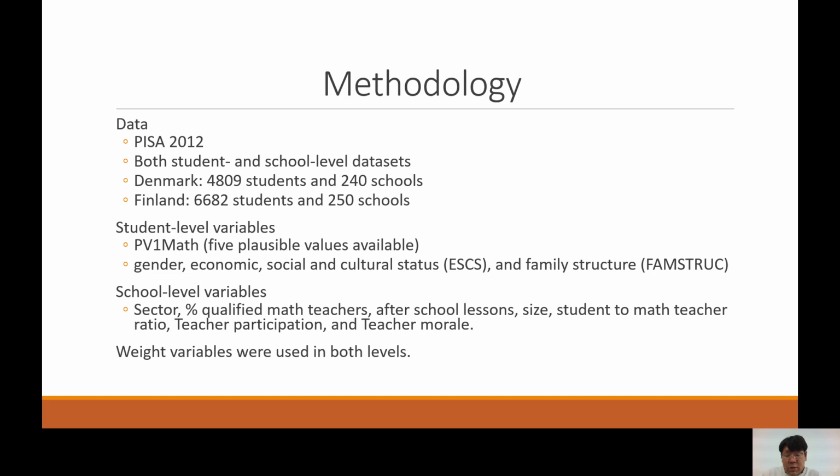And their family structure. Family structure represents whether a student lives with both parents or one-sided parents. That is, a student lives with only mother or only father, or a female guardian or male guardian.